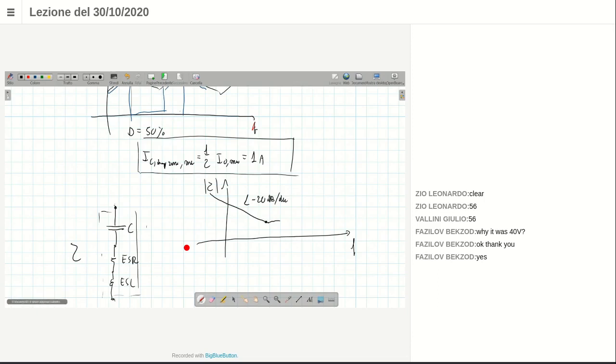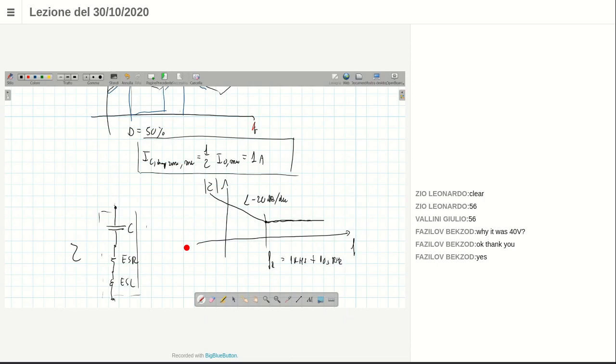Then this transfer function has a zero that basically depends on the technology adopted for the capacitor: electrolytic capacitors, tantalum capacitors, aluminum capacitors. The technology of the capacitor dictates the value of this zero, which can be in the order of kilohertz up to tens of kilohertz.